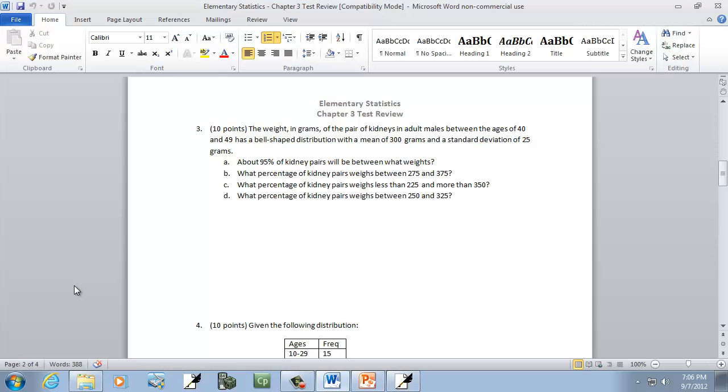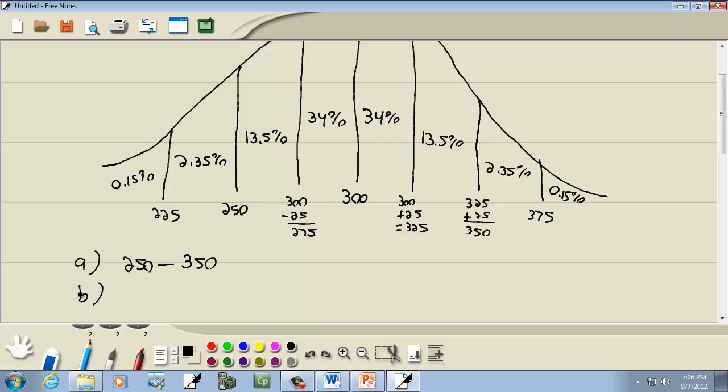Now B. What percentage of kidney pairs weigh between 275 and 375? Here's 275, and 375. So we're looking at this range right here. So I'm going to add together this percentage, this one, and this one.